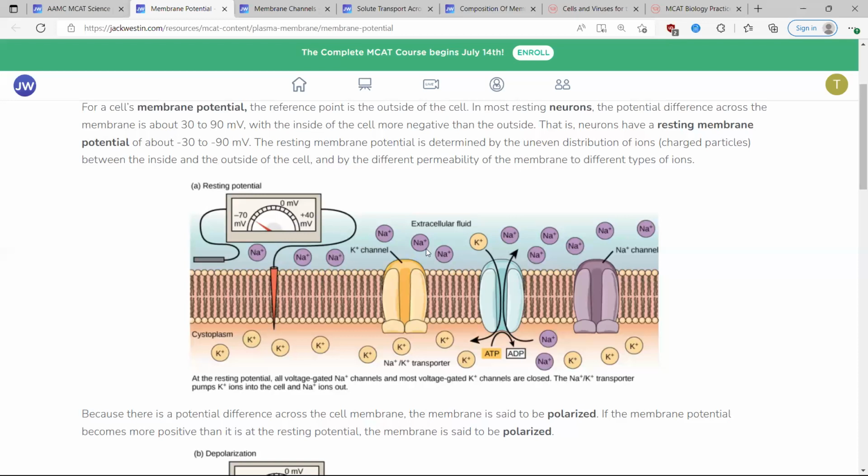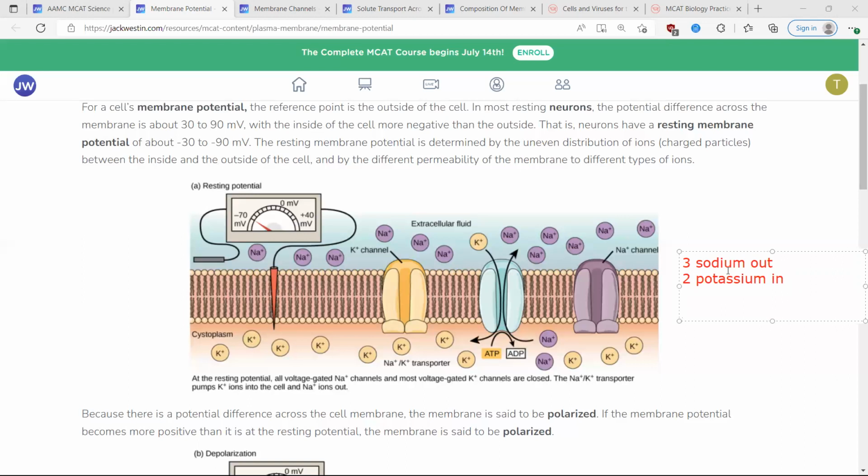Why is it -70? This is not exactly the reason, but this is a good way to start thinking about it. The reason that the cell is negative is because it's pumping. Remember, it's not the same, because it's pumping 3 sodium out and 2 potassium in.